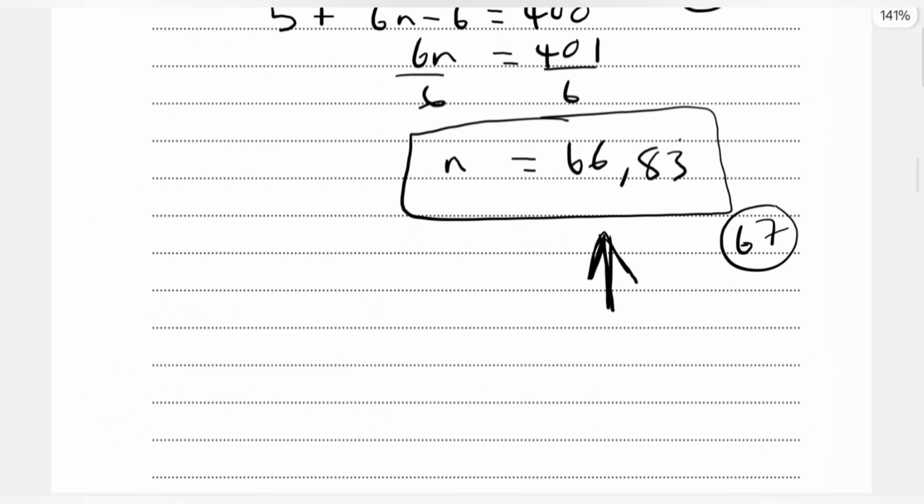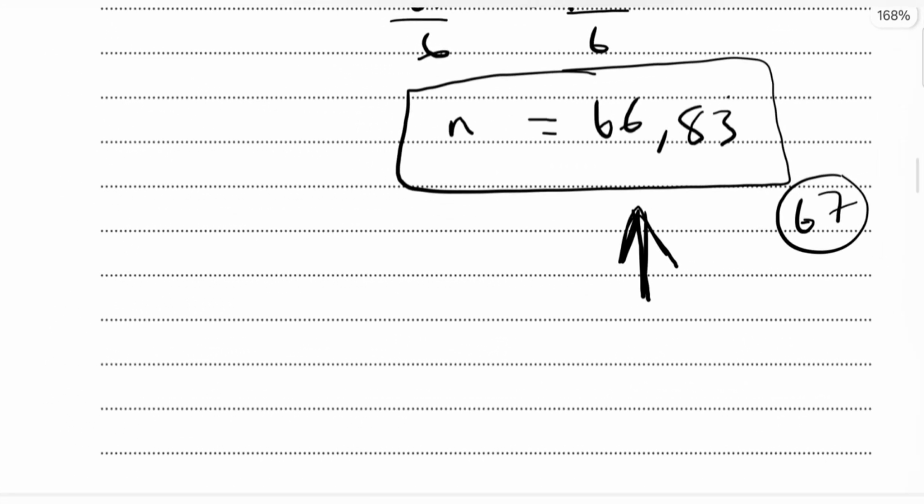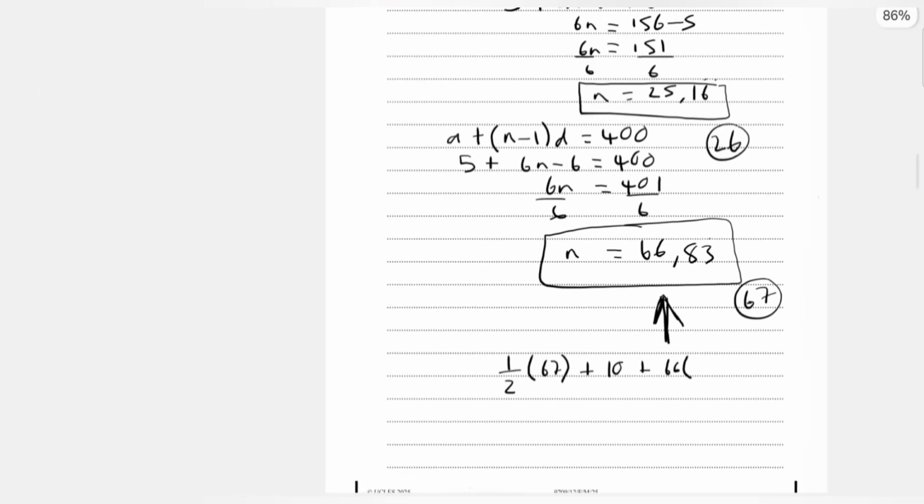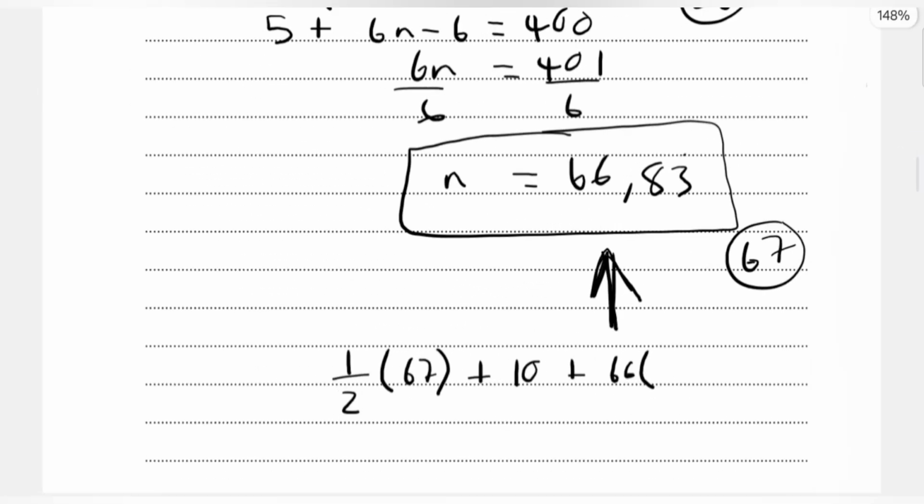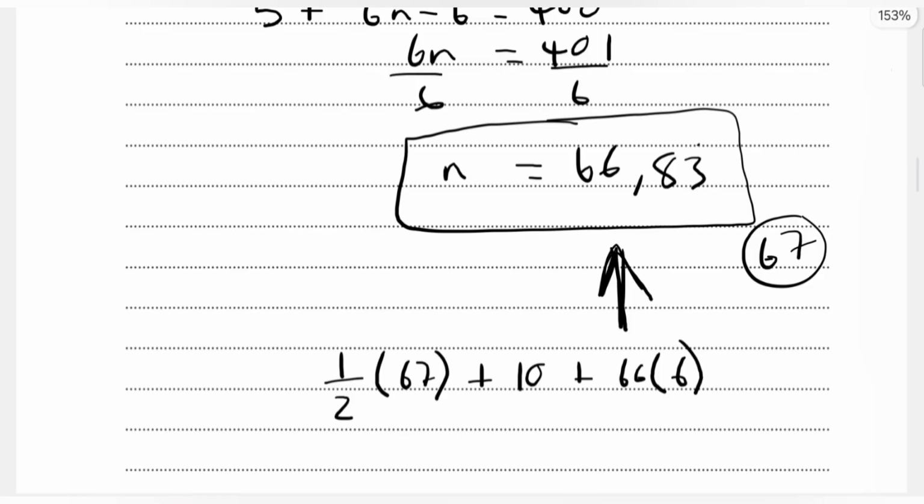And using 67, we know the sum of 67 terms is half our n, which is 67, plus our 2a, that's 2 times 5, 10, plus n minus 1, that's our 67 minus 1, so that's 66 times our d, which is 6, right?